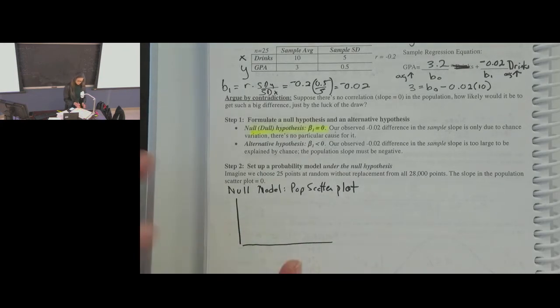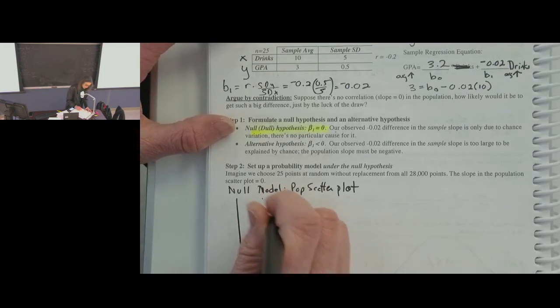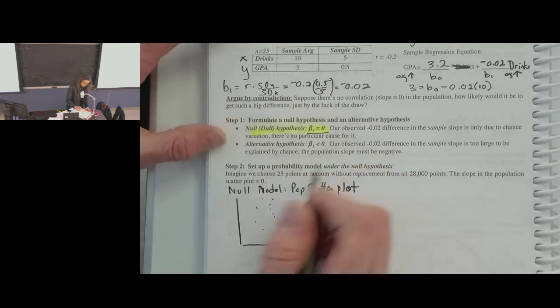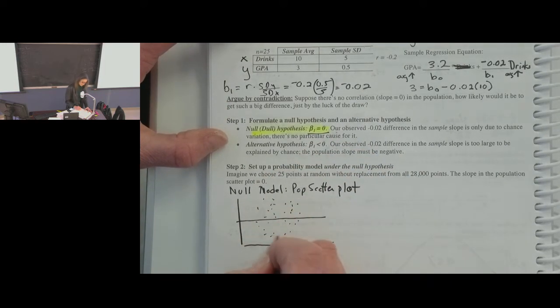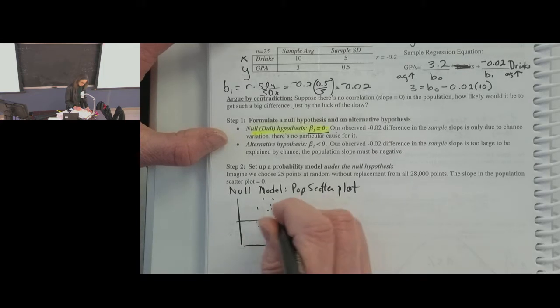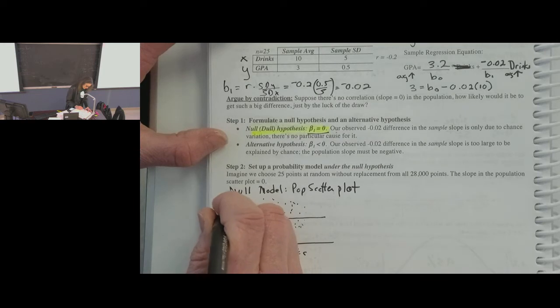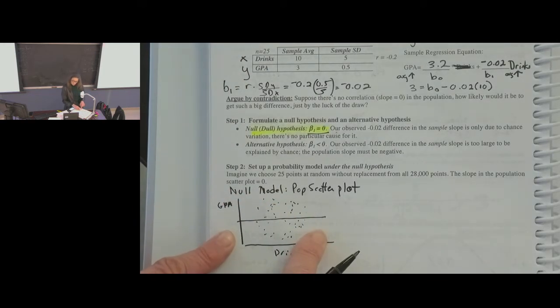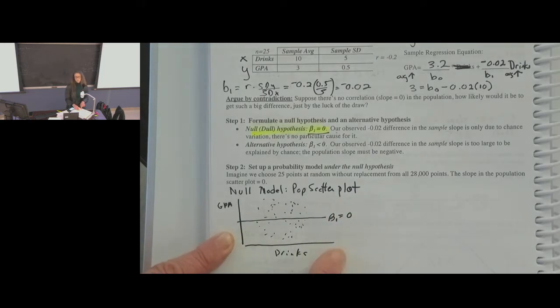Can't be negative, it's just in the positive quadrant. But our null hypothesis is that the slope is 0. This is drinks. This is GPA. And this slope is 0. Beta 1 equals 0.